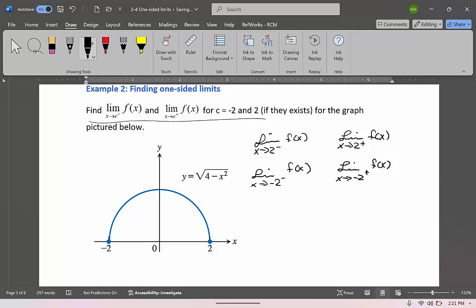All right, so if we're approaching 2 from the left, that means we're coming in from x values less than 2, and we can see that our y values are approaching 0. If we approach 2 from the right, we can see again that there's nothing to the right of 2 in the domain of our function, and therefore this one does not exist.